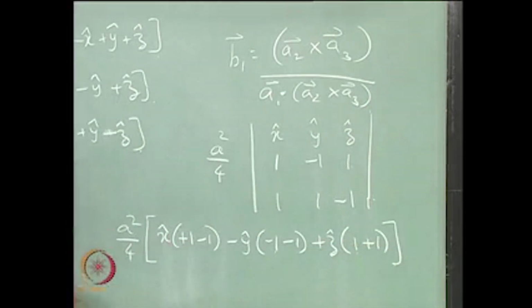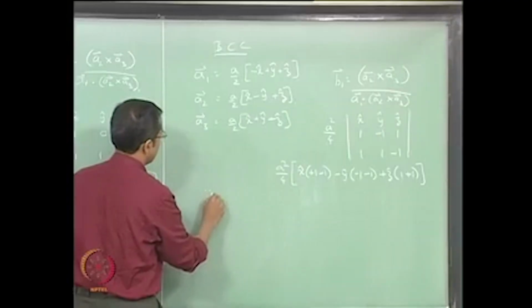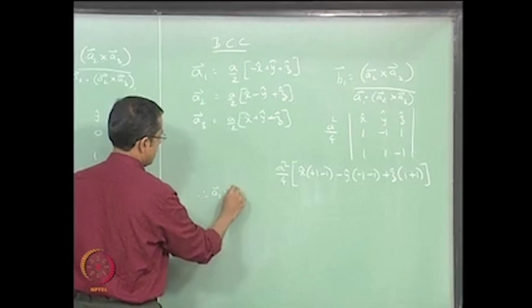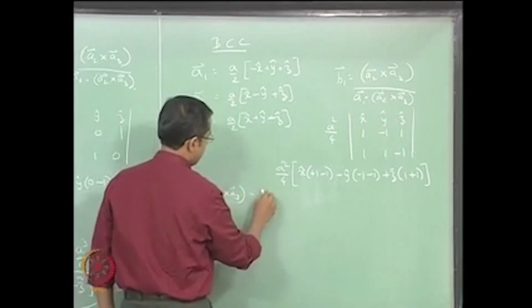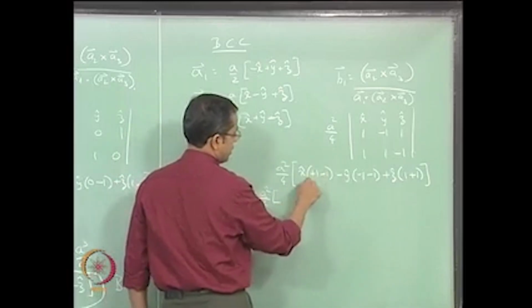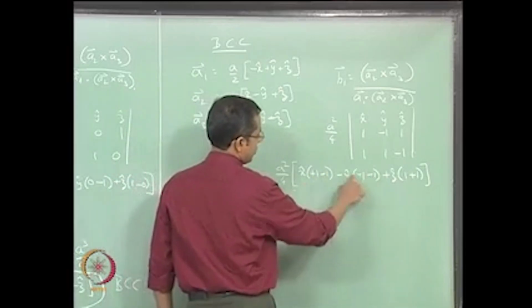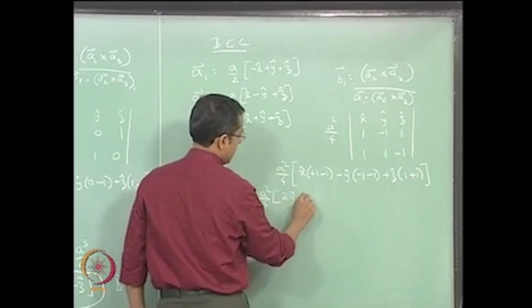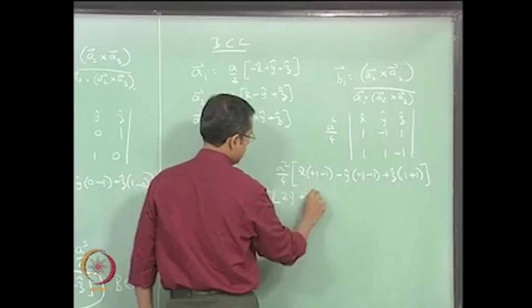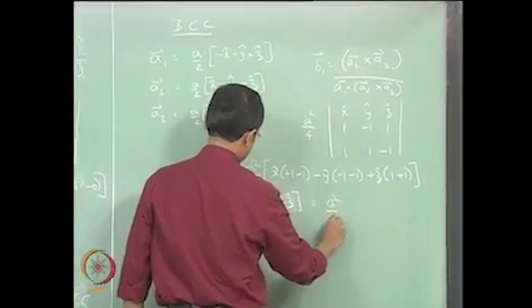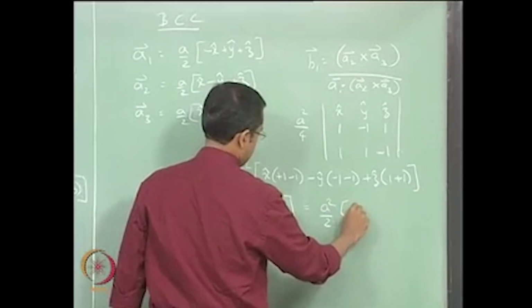So A2 cross A3 equals a square by 4 times, this becomes 0 so the x term goes away, this becomes minus 2 times minus 1 becomes plus 2y, plus 2z. So it is basically a square by 2 into (y plus z).